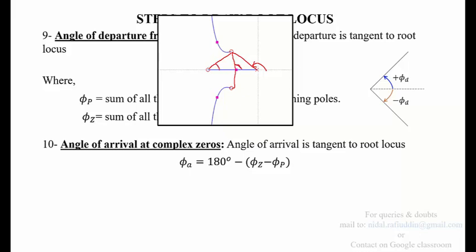So all the angles which are contributed by the zeros will give us phi z, while phi p will be contributed by the poles that are available in the S-plane, and thus by substituting the values we can obtain phi a and draw it as we did for the angle of departure.